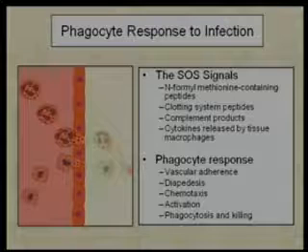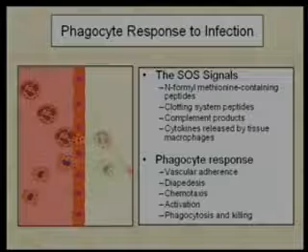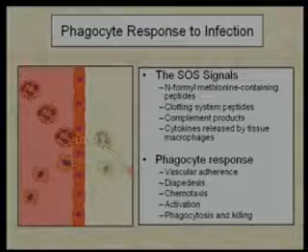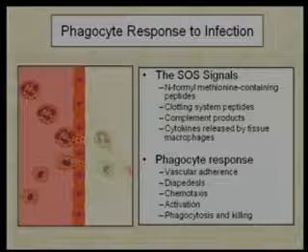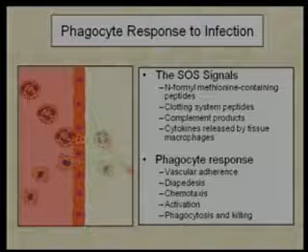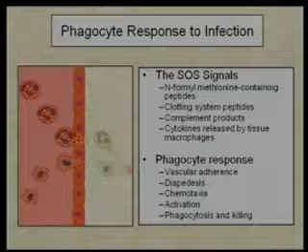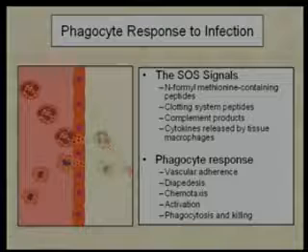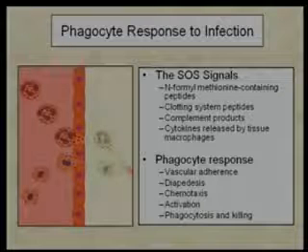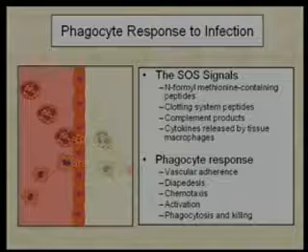Once they get into the tissue spaces, these components act as chemoattractants. So there's chemotaxis, which is movement of the cell towards an increasing concentration gradient. Obviously, the concentration is going to be highest at the site of the infection, and so these cells then move towards the infection by chemotaxis.